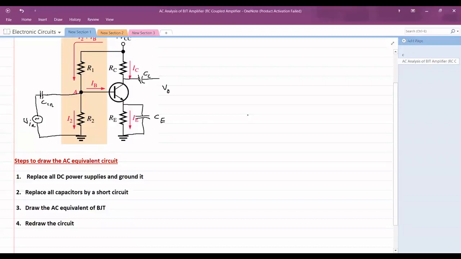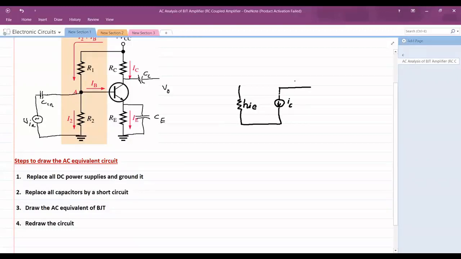So let us draw the AC equivalent circuit. The base emitter region is replaced by its input impedance, that is HIE, for a common emitter transistor. Then this is our emitter. The collector emitter is replaced by a current source IC.